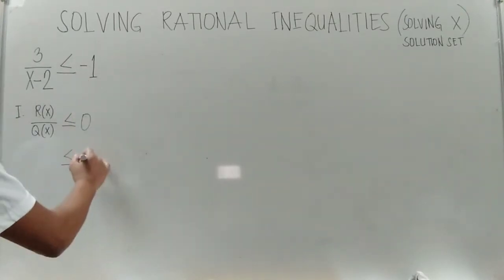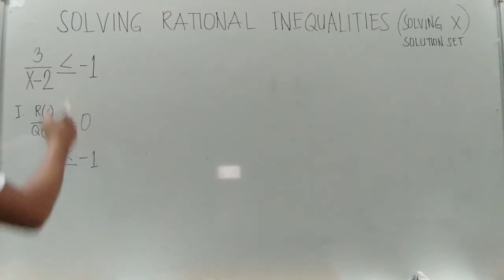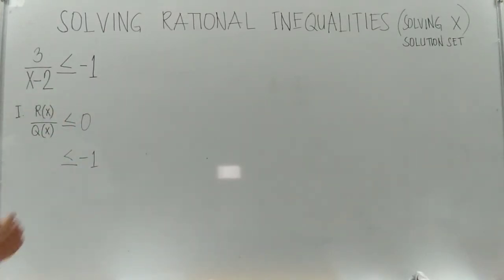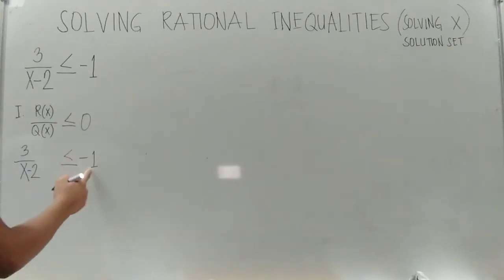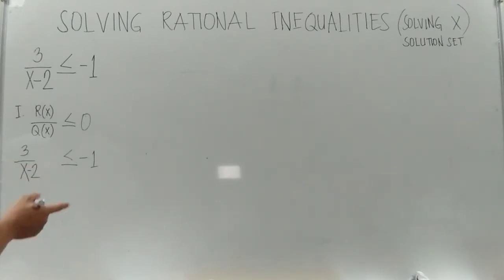So this is negative 1, your original inequality. And on the other side, you have 3 over x minus 2. So how can you make negative 1 zero? What number will we add or subtract?